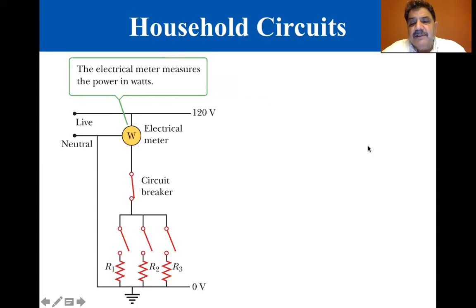As an example, let's consider a circuit that powers a toaster, a microwave oven, and a heater, represented by R1, R2, and R3 in the figure. Using the equation P = I ΔV, we can calculate the current carried by each appliance.